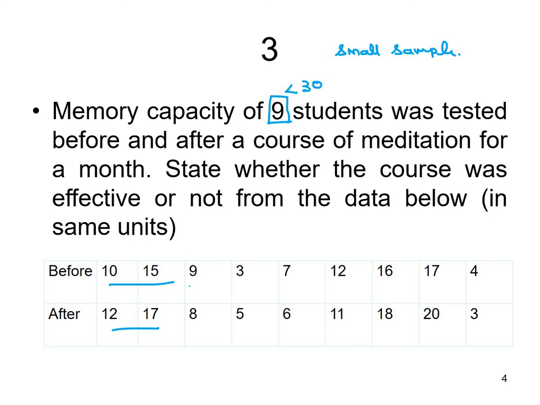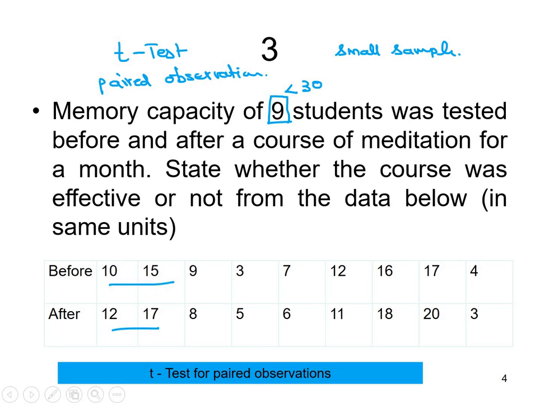So we are going to check the mean values of the memory capacity of the same set of students. So it is coming under t-test and paired observations. So the topic is t-test for paired observations.